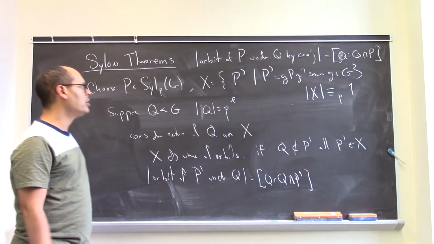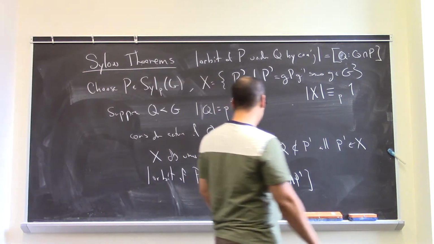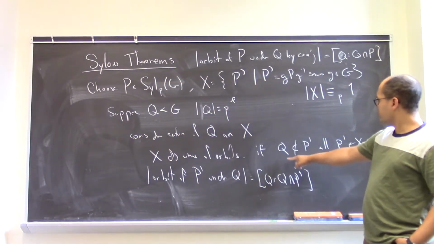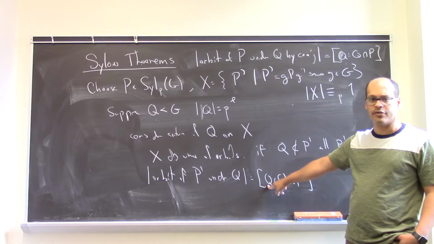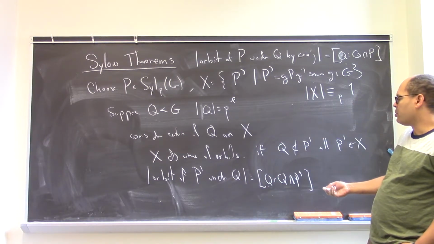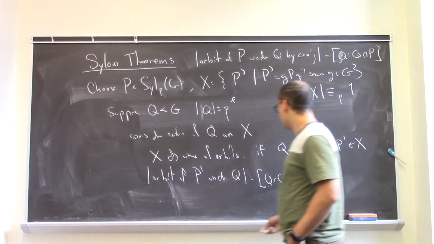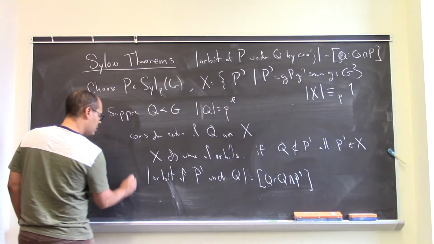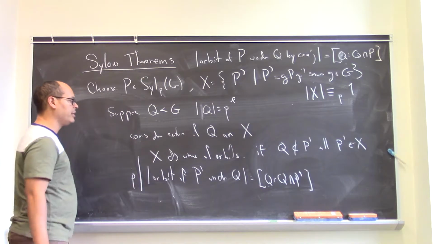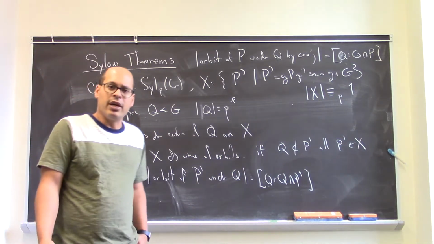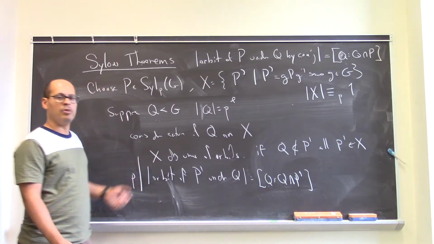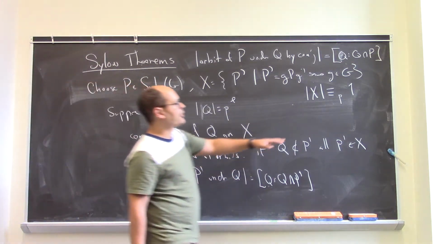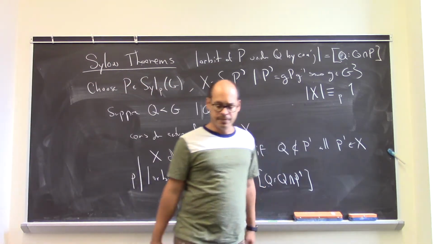We know that if Q is not contained in P prime, this is a non-trivial divisor of the order of Q. Therefore, it's divisible by p. But p can't divide all the sizes of the orbits, because then the size of X would be divisible by p, and we just figured out that it's 1 more than a multiple of p.